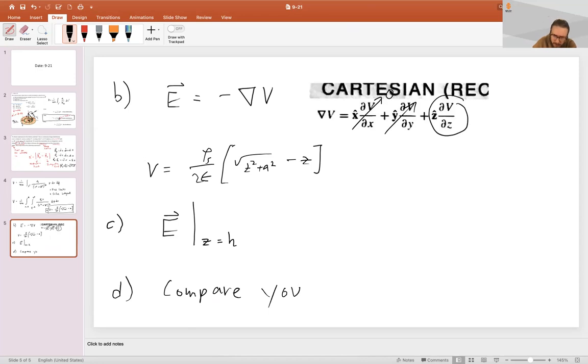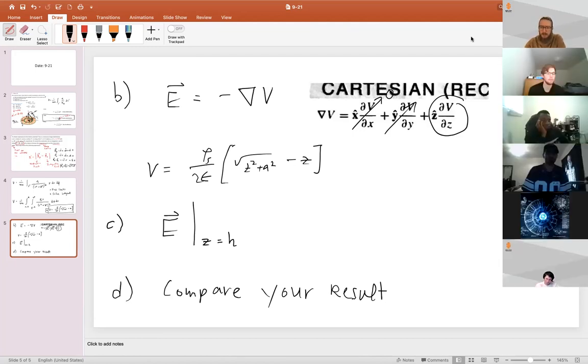Do you think it should be the same? Yes or no? Give me a thumbs up if you think yes, it'll be the same. Thumbs down if you don't think it'll be the same. I think Calvin's the only person who was not sure. So Daniel, what do you think? Going to be the same or not the same?